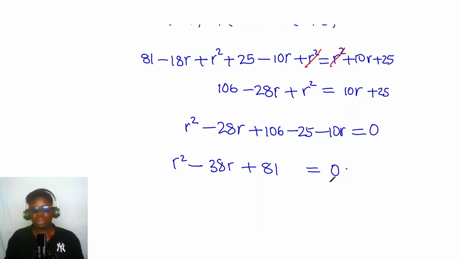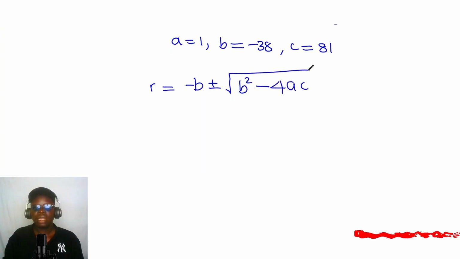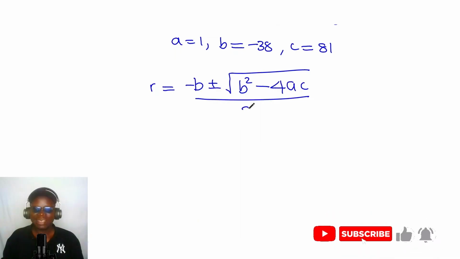Let's go ahead and solve it using a formula method where the value for A in this equation is 1, the value of B is negative 38, and the value of C is 81. Using the formula, we're getting R. R can be calculated for negative B plus or minus the square root of B square minus 4AC, and we divide this by 2A.